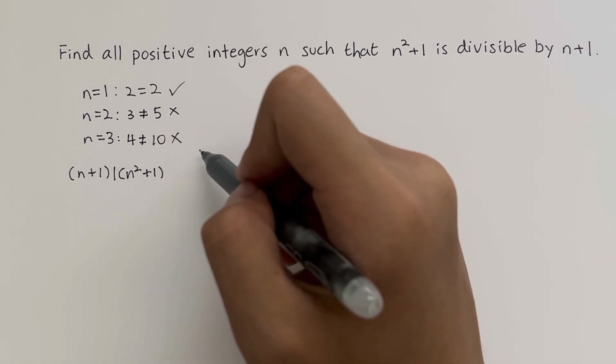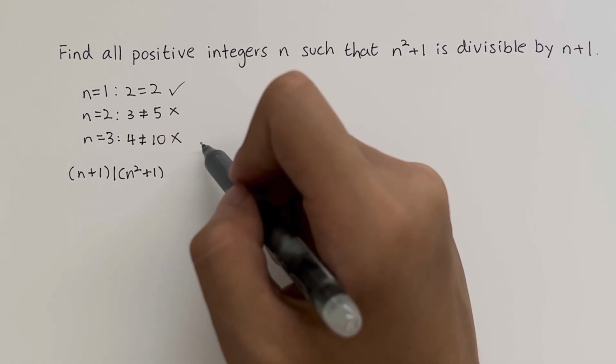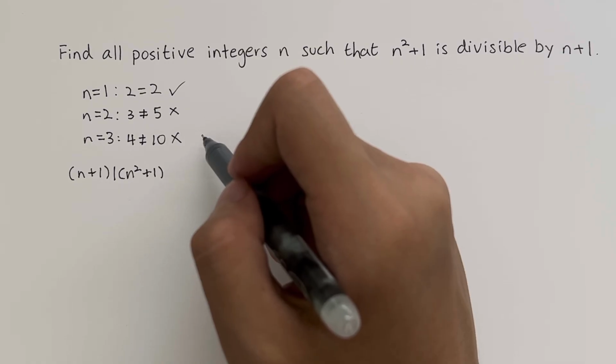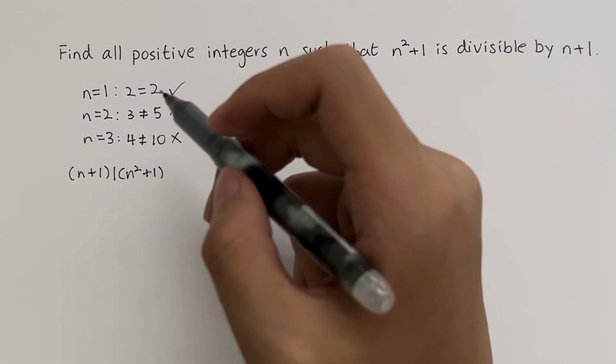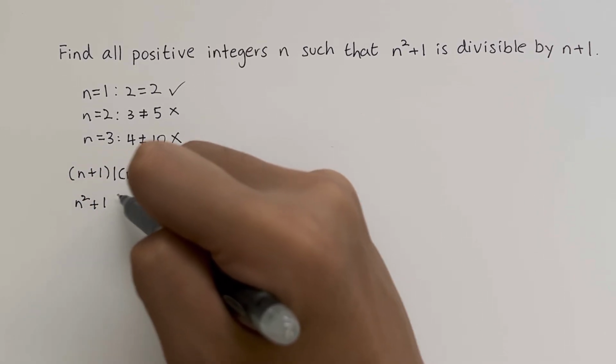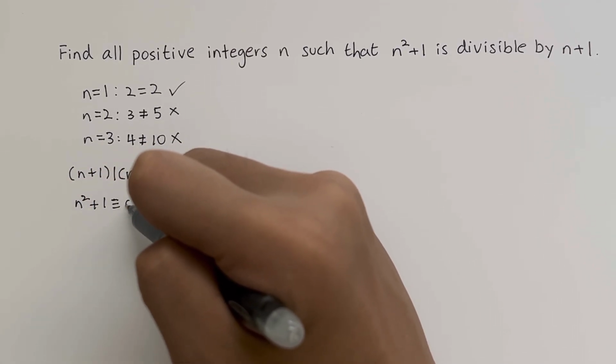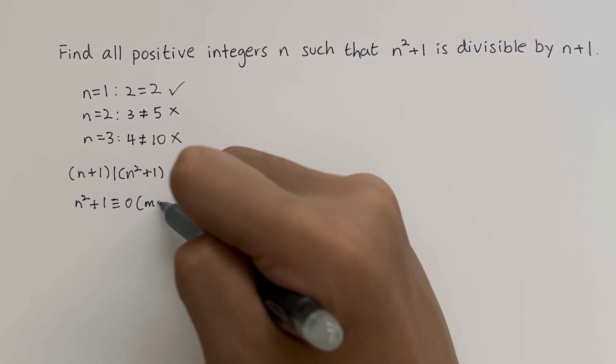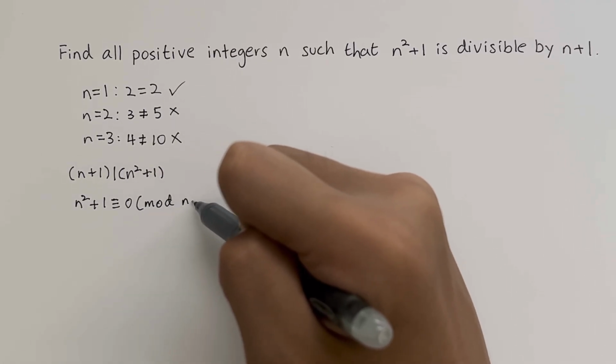And here's the trick. Let's first transfer this into a congruence modulo. N squared plus 1 would be congruent to 0 mod n plus 1.